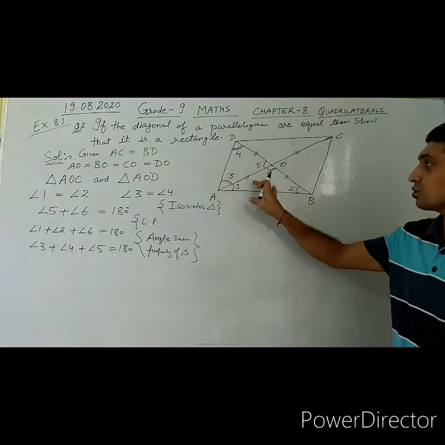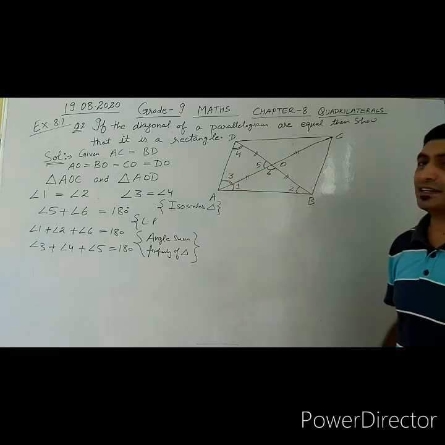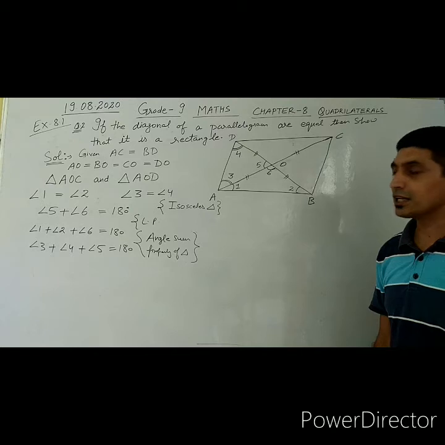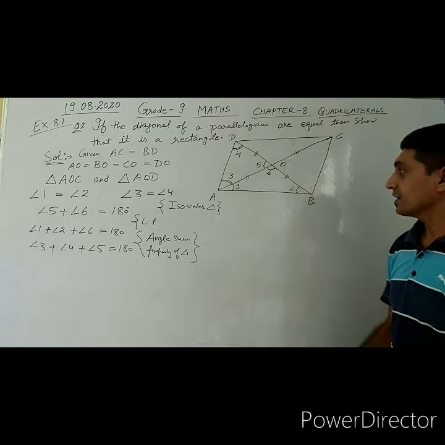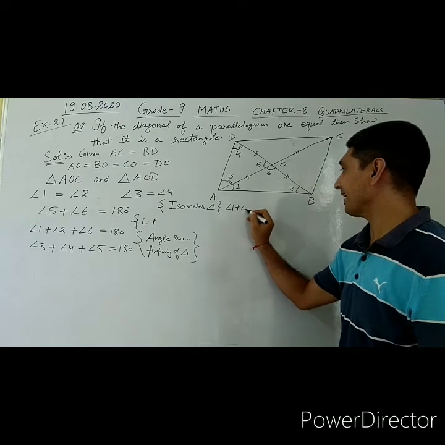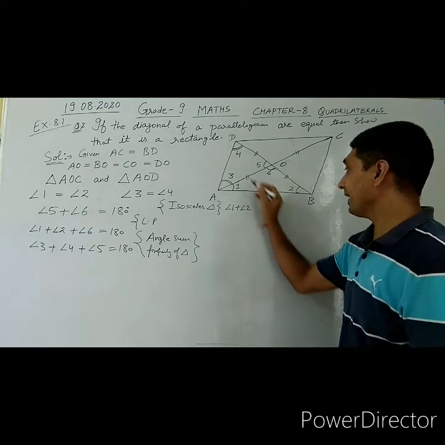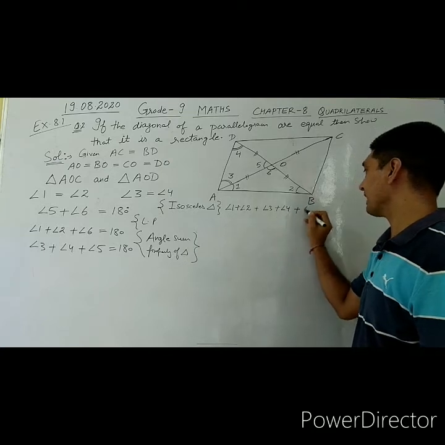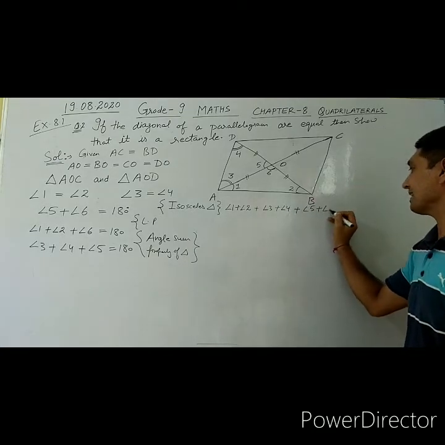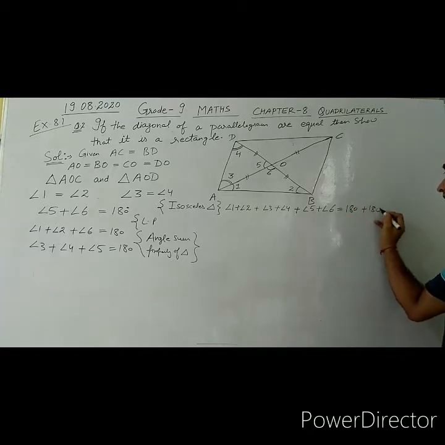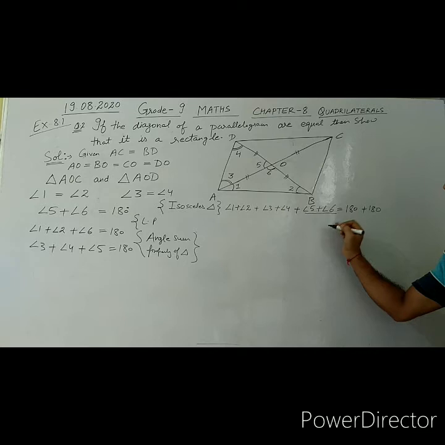So the sum of all these 6 angles of the two triangles is 180 plus 180, that is 360, right? So if I write angle 1 plus angle 2 and angle 3 plus angle 4 plus angle 5 plus angle 6 is equal to 180 plus 180, right? So what is angle 5 plus 6? That is 180.